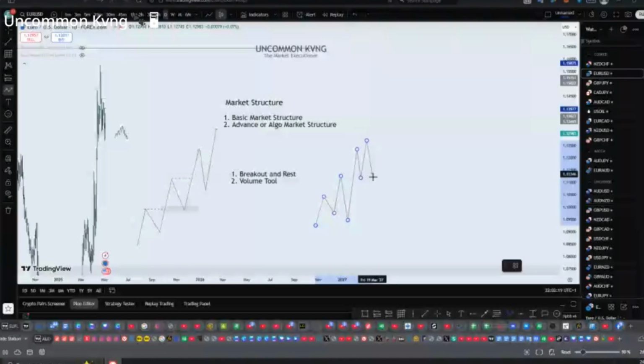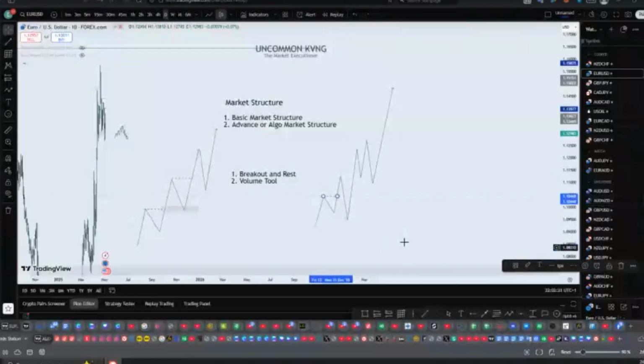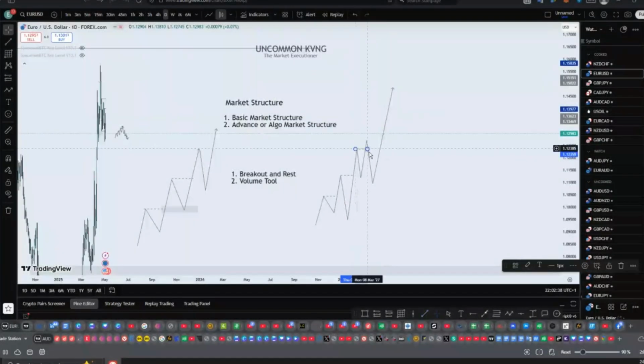But all you need to know is that while you're marking your breakouts, your BOS, at the advanced market structure, you're also marking out your liquidity.